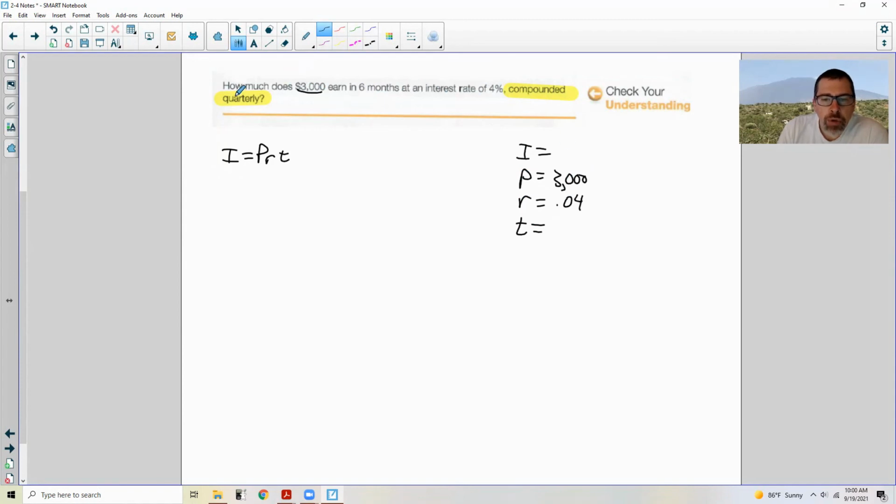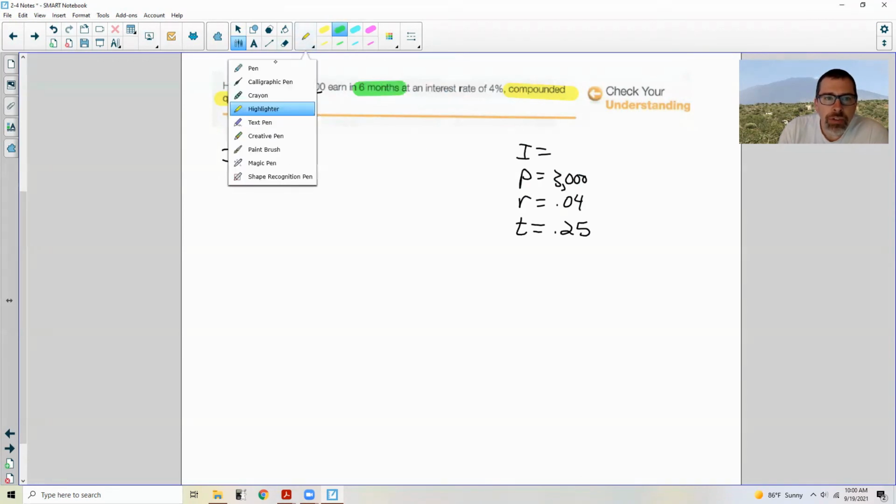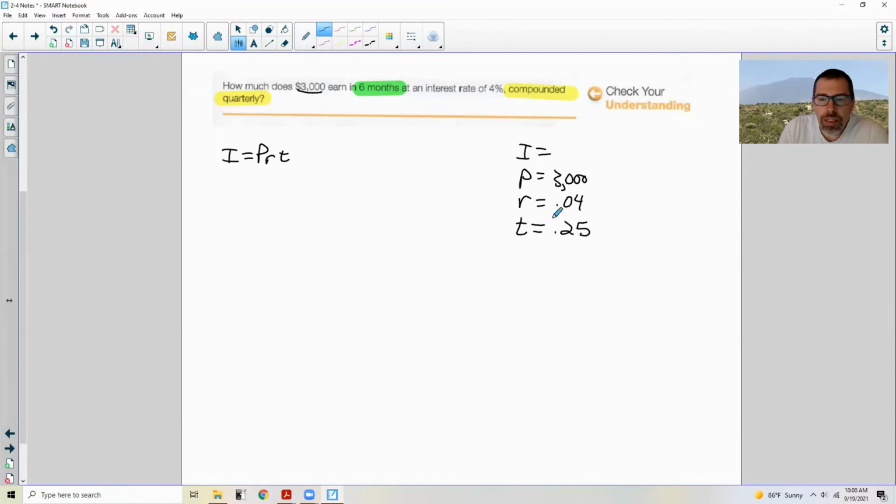Compounded quarterly means 0.25, that's the time. But be careful here, this one we have to do something different. This is in 6 months, and it compounds quarterly, so at the end of 3 months you get interest compounded onto your principal. Then you have to take that new principal to do the second. So we have to do this twice.